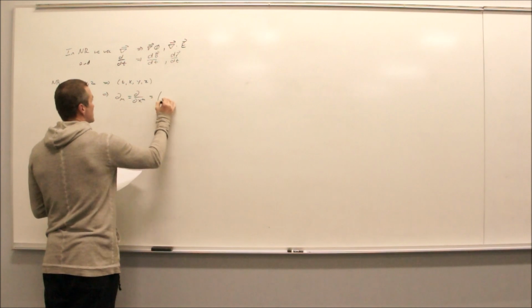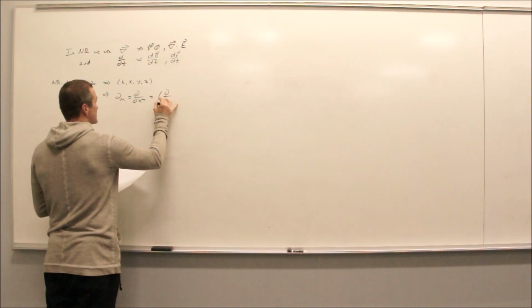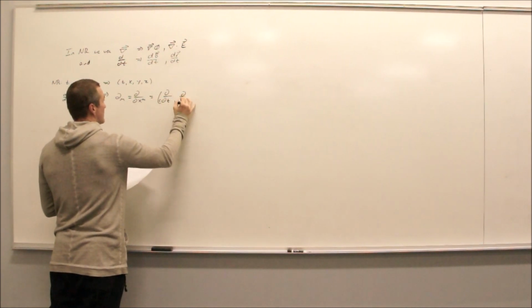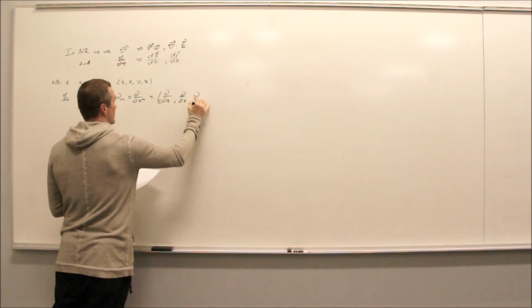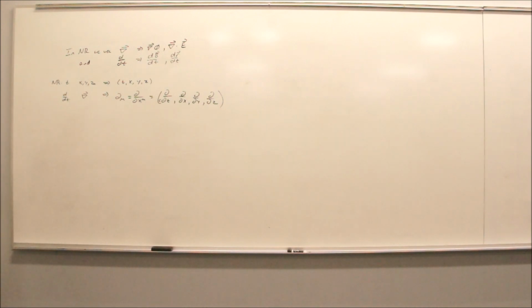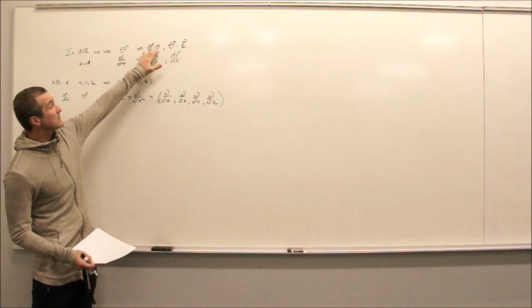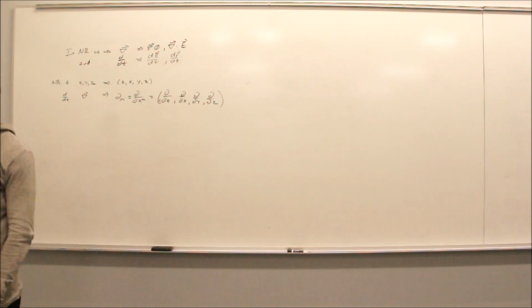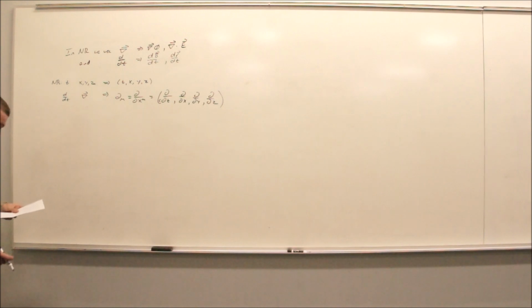And this is literally just the operator d by c dt, d by dx, d by dy, d by dz. Okay? Now this is an incredibly important operator which we will use extensively in this class because it acts on fields, and we work with fields a lot in this class. All right?